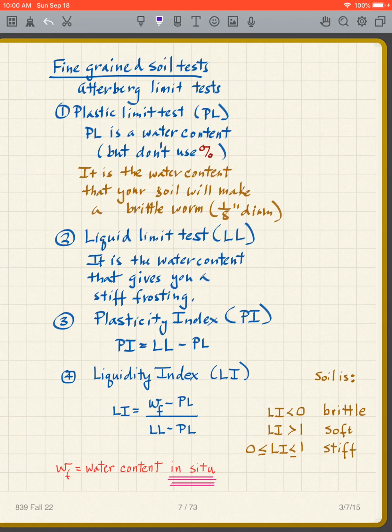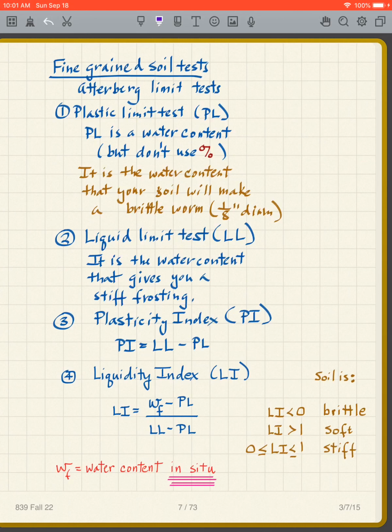If your frosting is too dry, then it destroys the cake when you try to put it on. If it's too wet, then it's all runny. So you have to get the water content just right when you're creating a frosting. And it's the same thing with the soil. Interestingly enough, each soil is different.